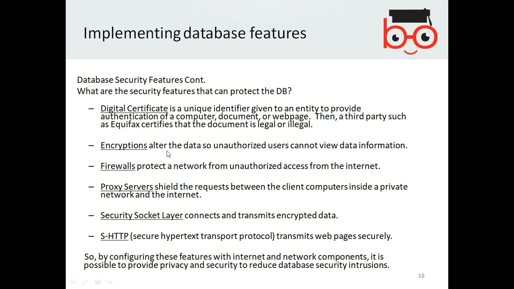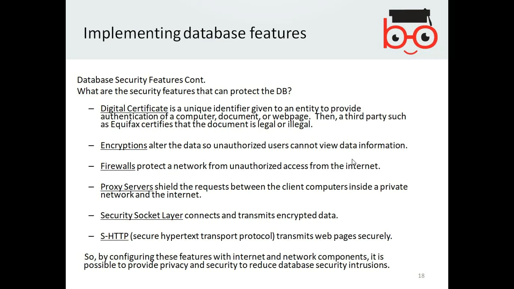Encryption alters the data so unauthorized users cannot view the data. They cannot intrude on the data. Firewalls protect a network from unauthorized access from the internet. For example, if you have a firewall on your server, then probably only a limited number of users from a particular location can access the server.